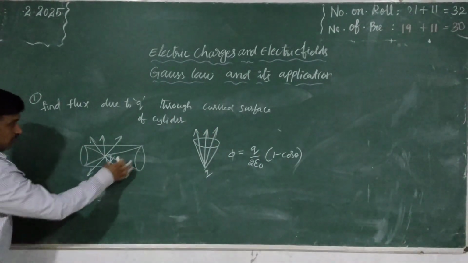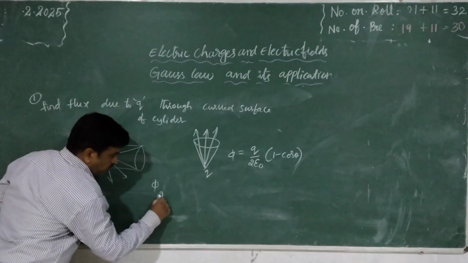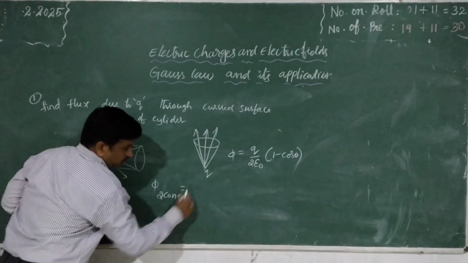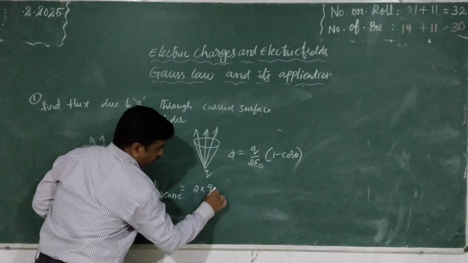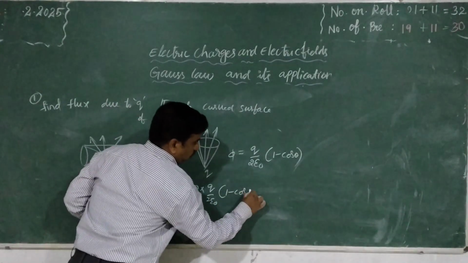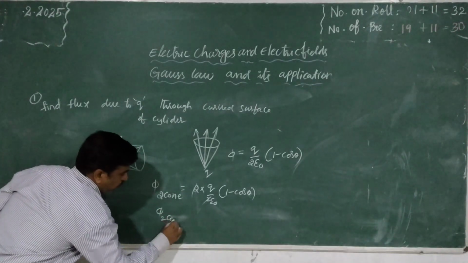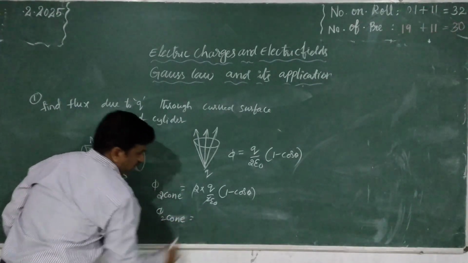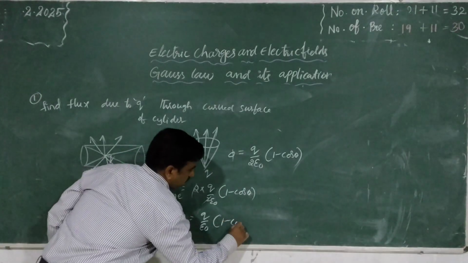The 2 cancels, so the flux through two cones is Q by epsilon naught into 1 minus cos theta.